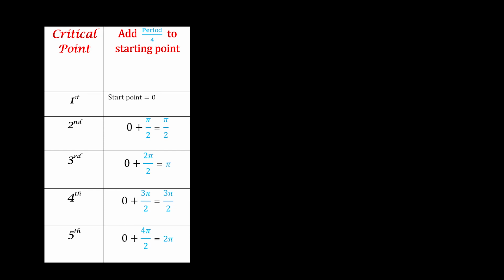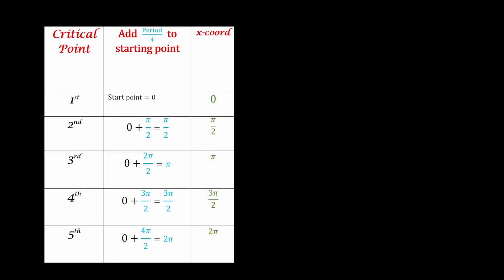For the fourth critical point, you add 3 pi over 2's to the starting point. And for the fifth point, you add 4 pi over 2's to the starting point. So all you're doing is you're incrementing each point by pi over 2. This tells us that the x-coordinates are 0, pi over 2, pi, 3 pi over 2, and 2 pi respectively.